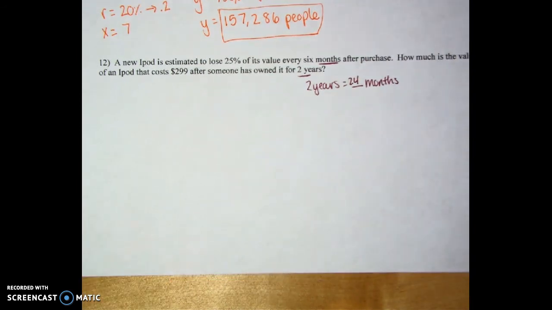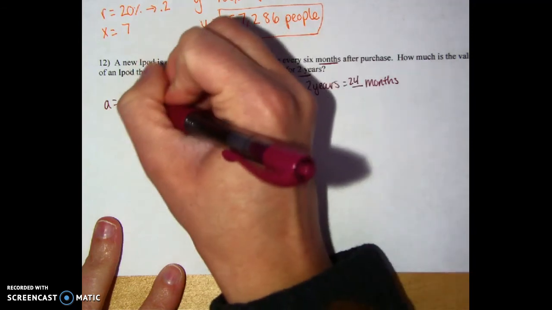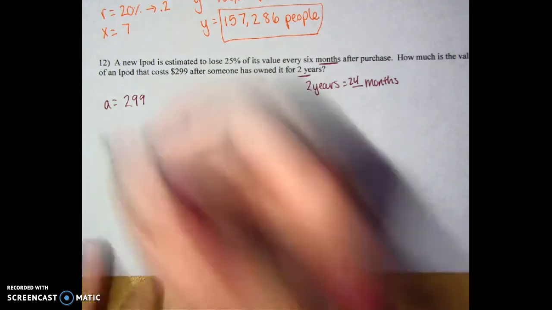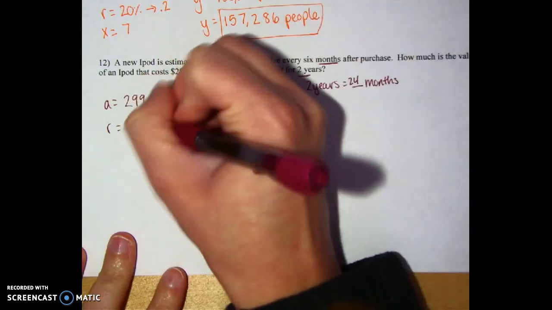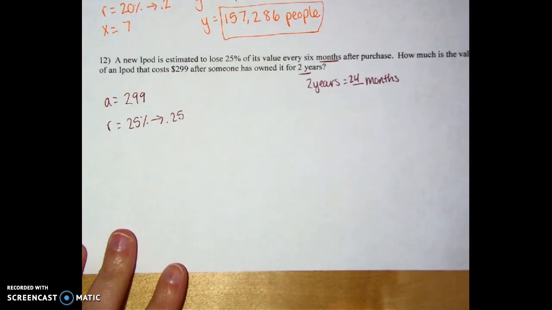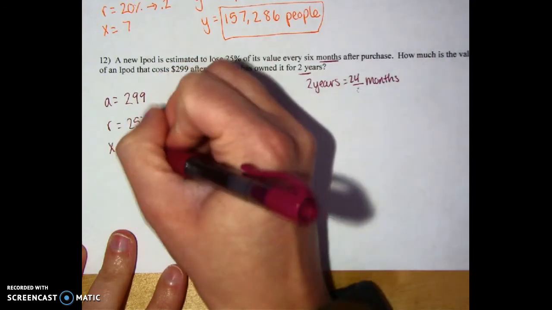And I don't think I gave you one like that on your assignment today, so don't freak out. So our initial amount is what it cost, so that was $299. And the rate is 25%, or 0.25. And X is going to be that 24.